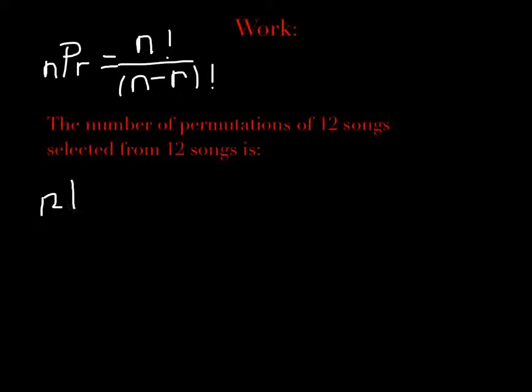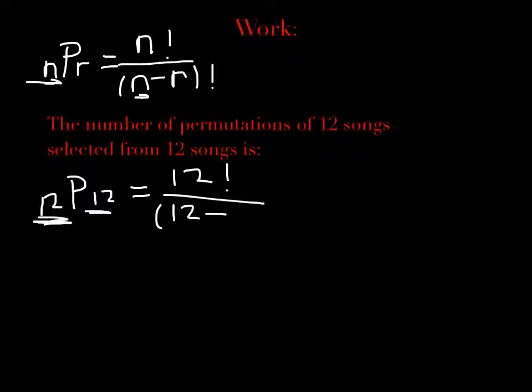So it'd be 12 P, and then 12 for r as well, because they're asking for the different orders of all 12 songs. So 12 P 12 would equal n factorial, so we'd plug in 12 for n, over (n minus r) factorial, which is 12 minus 12 factorial.